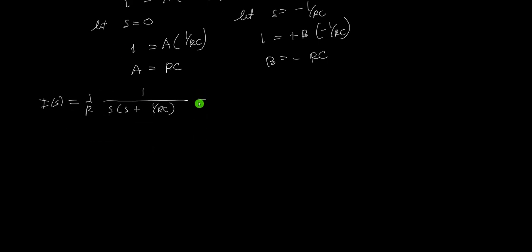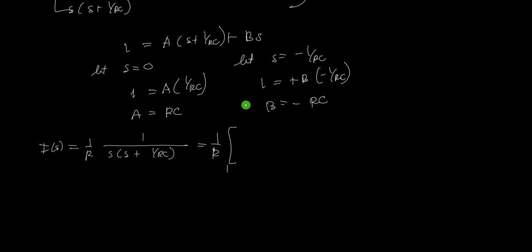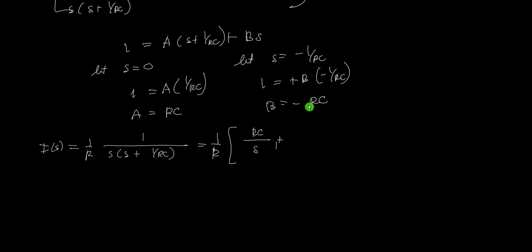This will be the same as 1 over R multiplied by A over s. Our A is RC, so RC all over s. Then we have plus B over s plus 1 over RC, because B is negative, this will become minus RC all over s plus 1 over RC.